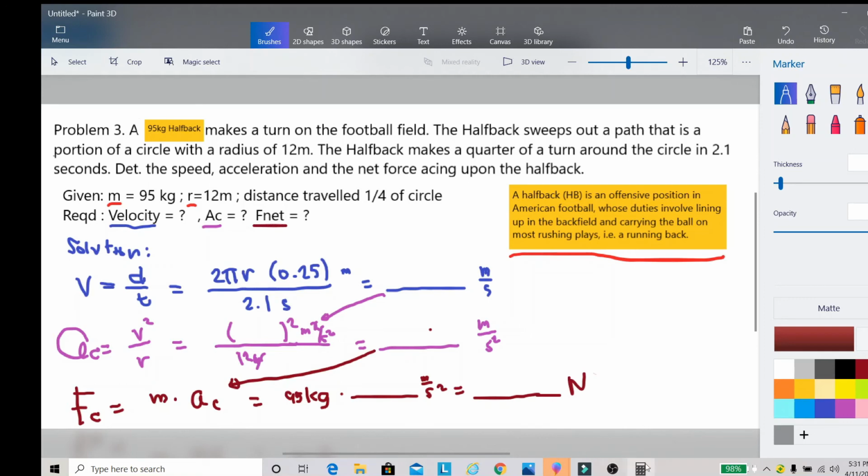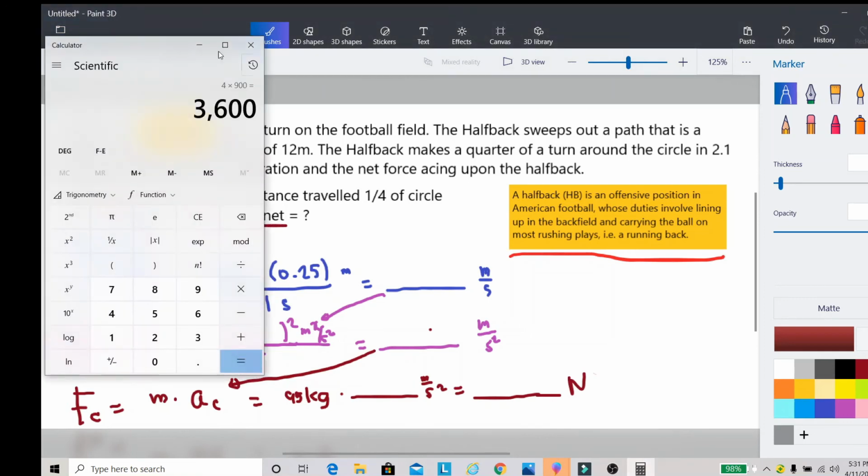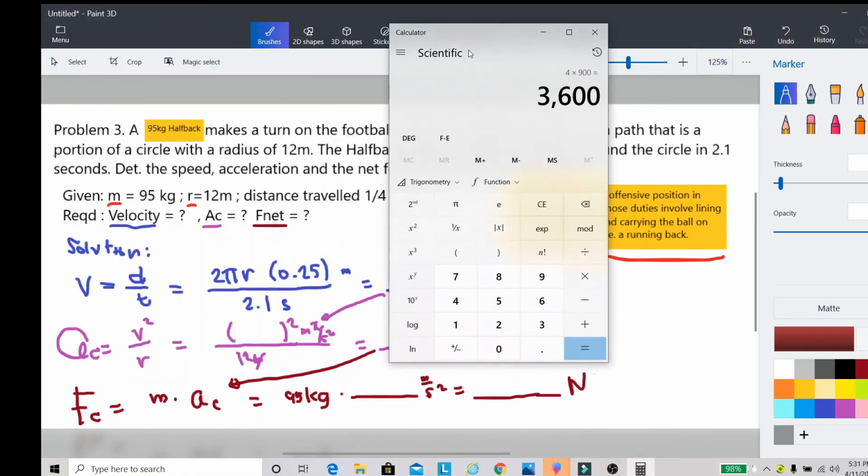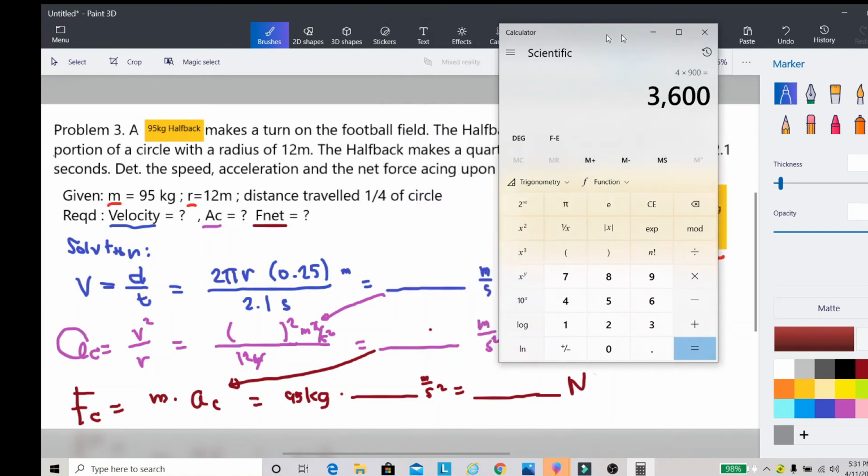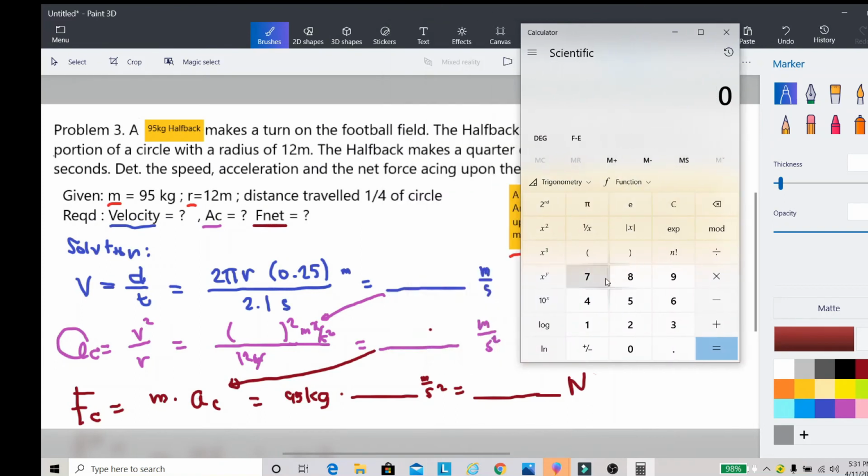So let us grab a calculator and reset it. That is 2, and then pi, times 2. 2 pi r is 12, times 12, times 0.25.